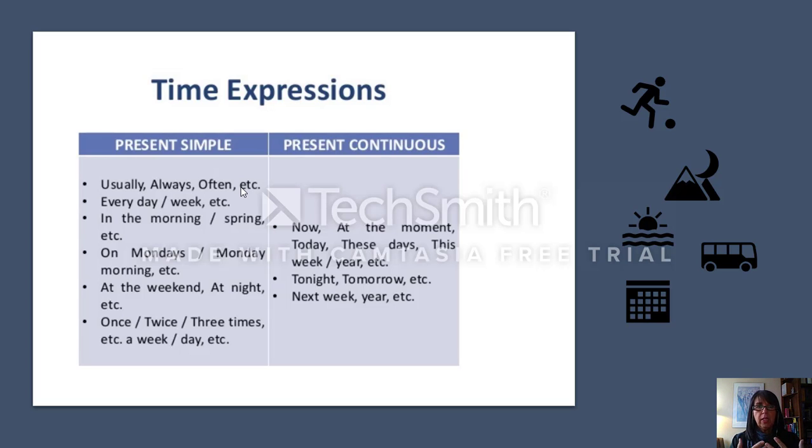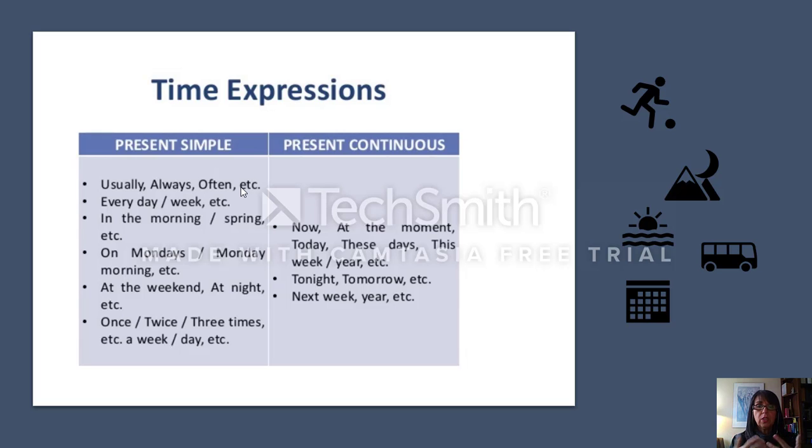Then you have every day, week, month, year, or every Christmas, every New Year. Then you have in the morning, in spring, any other season of the year, on Mondays, on Monday morning, on Monday afternoon, at the weekend, at night, and when we want to express how many times something happened, once, twice, three times, and so on.